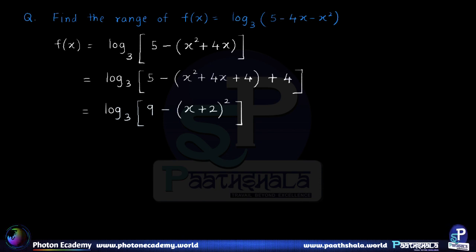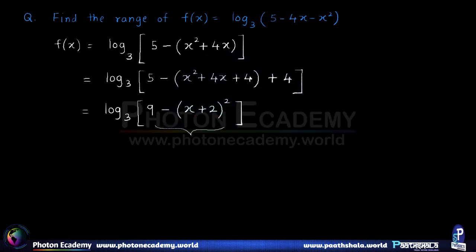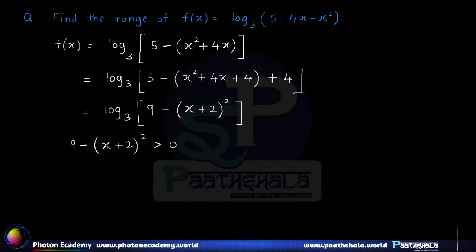Now we observe that log is defined only when that particular quantity is a positive number, isn't it? So we have 9 minus x plus 2 the whole square must be a positive number. But this particular term, the second term, is a square of a real expression, so minimum it will have the value 0.